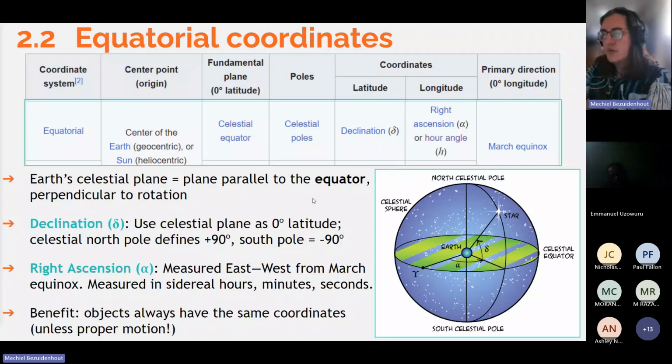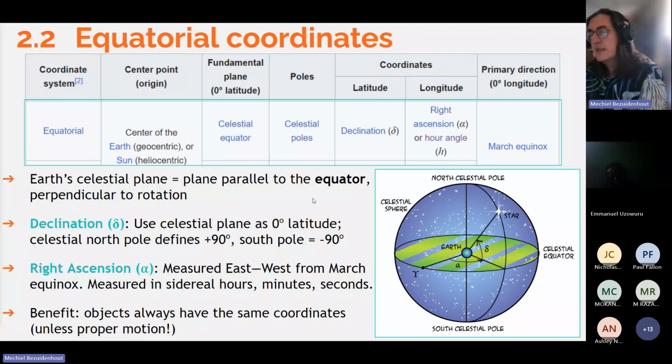And so we measure the right ascension from the point in the orbit where we have the March equinox. And you measure it east to west, so clockwise. So that's counterclockwise. And importantly, we measure this value not in degrees, but typically in sidereal hours, minutes, and seconds.